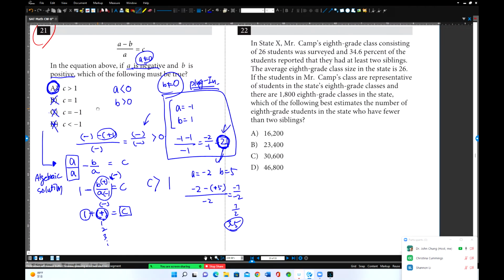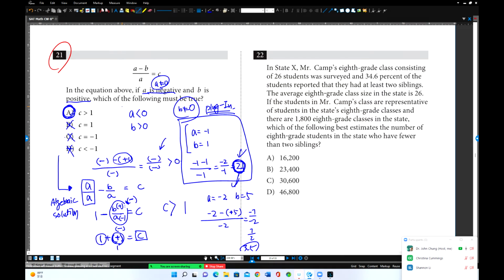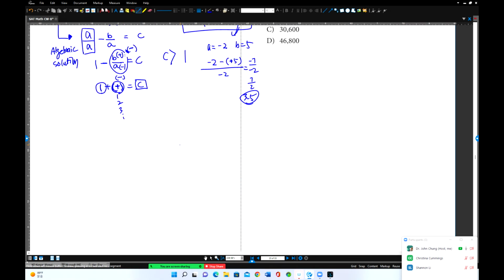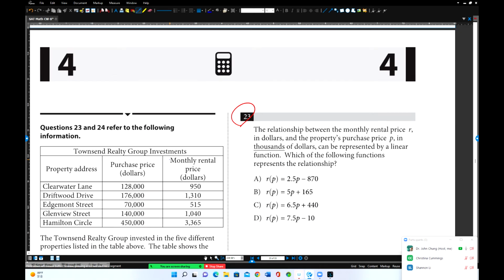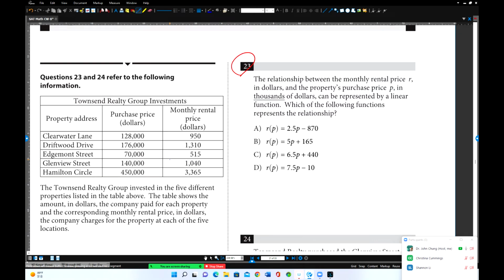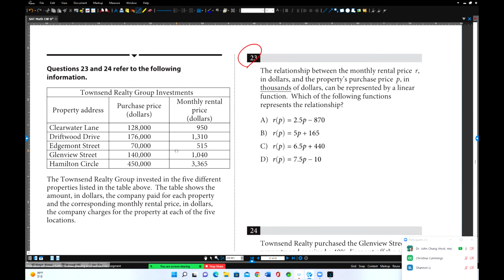Move on to number 23. We have a Townsend Realty Group investment. We have 5 properties, with address and purchase price, and the monthly rental price is $1,950.